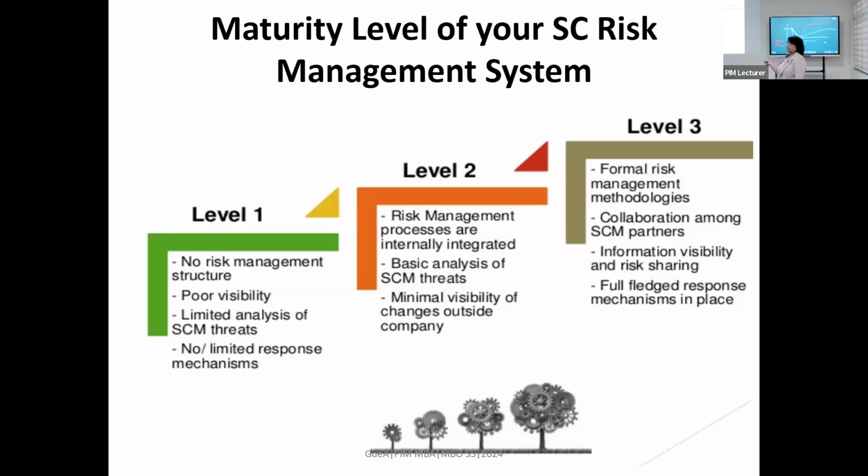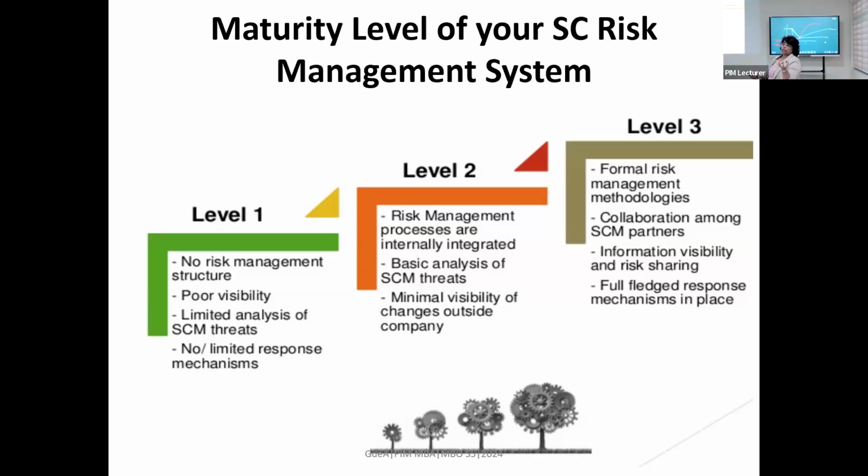Maybe you become level 2: we have some internal processes in place to understand the risks, basic analysis of threats is being identified, and there is some visibility across the company about the risks. But if you're a mature organization, you have a formal risk assessment methodology like we discussed: list out the risks, prioritize the risks, look at the outcome, then prioritize.